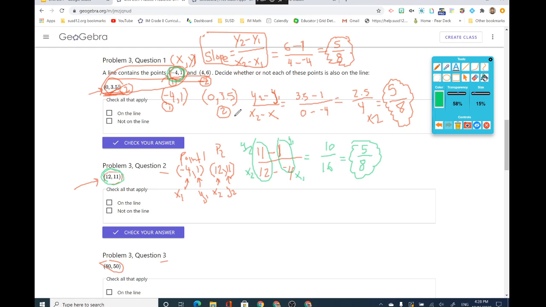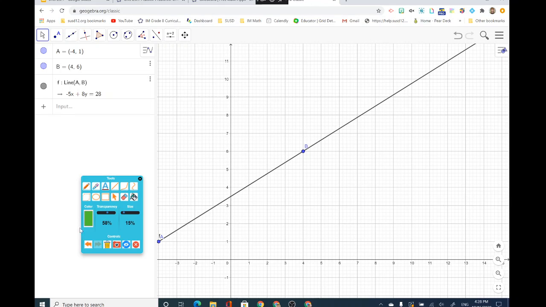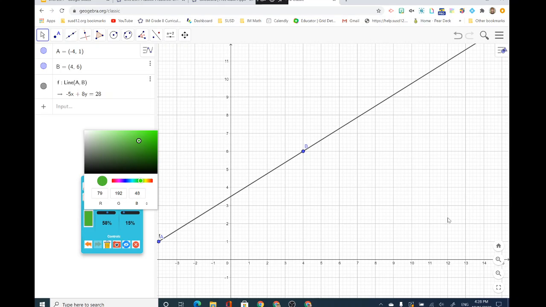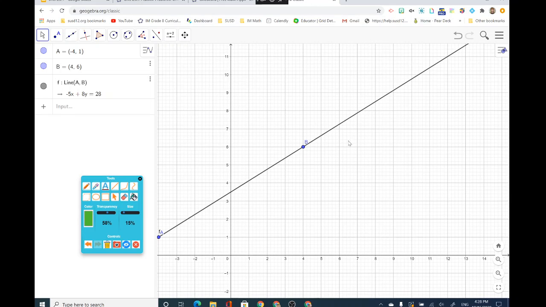What was that coordinate point again? 12, 11. Right here. X equals 12. Y equals 11. Okay, let's plot that on here. It's going to be right here. Look at that. It's perfectly on the line as well. I'm going to put a dot.